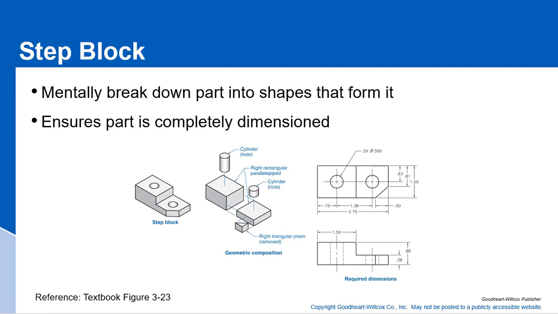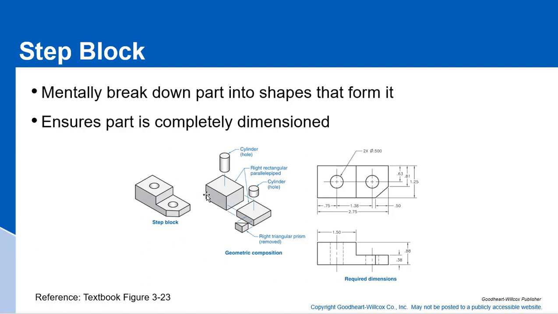Now, dimensioning parts on a drawing, if you've been through this with working drawings too, you need to put a dimension on every feature. One of the things that the author says to help you do that is to mentally break down the parts into the shapes that form it. Obviously, if you're working in 3D CAD, you do that anyhow.